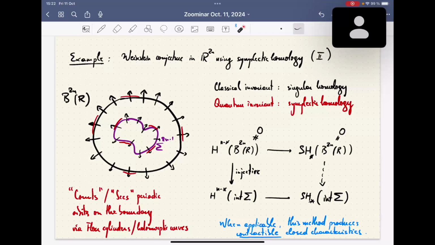So we find here a class that is killed in symplectic homology. On the other hand, its image in the classical part of the interior of our domain is non-zero and necessarily gets killed by what? Well, by a periodic orbit. So when applicable, this method produces contractible closed characteristics.